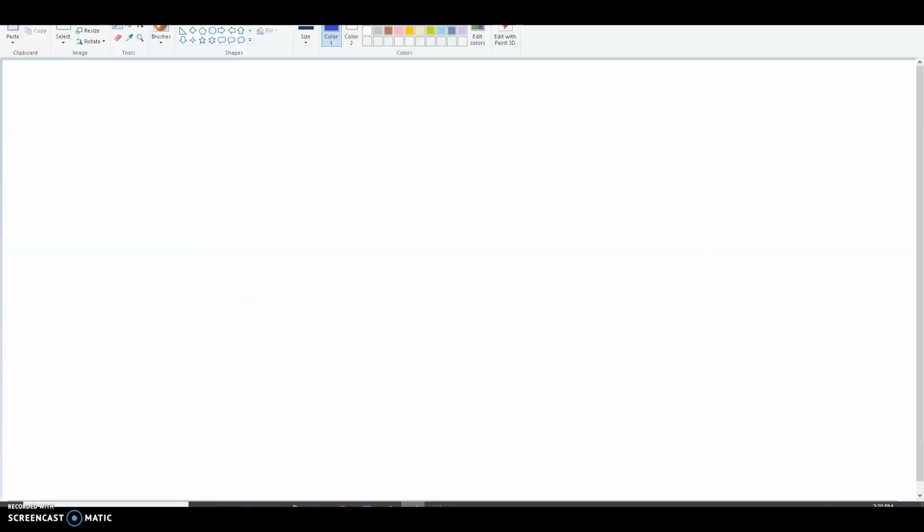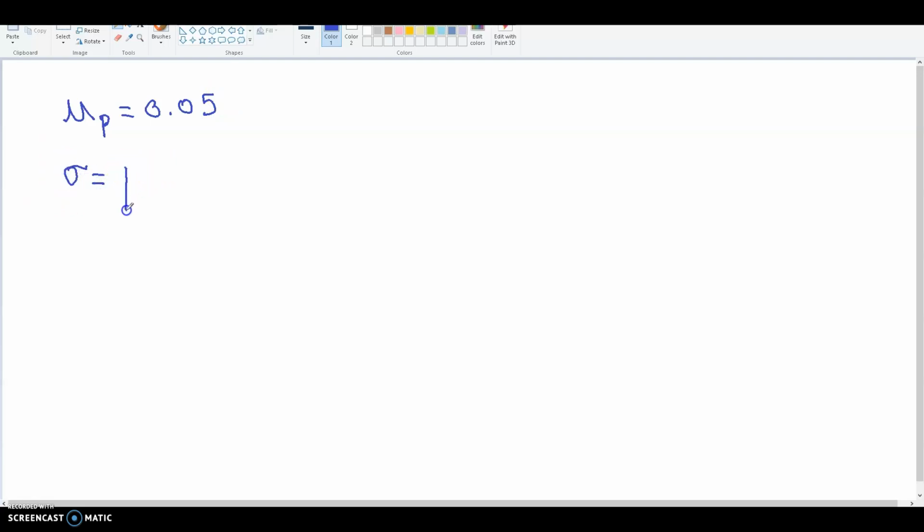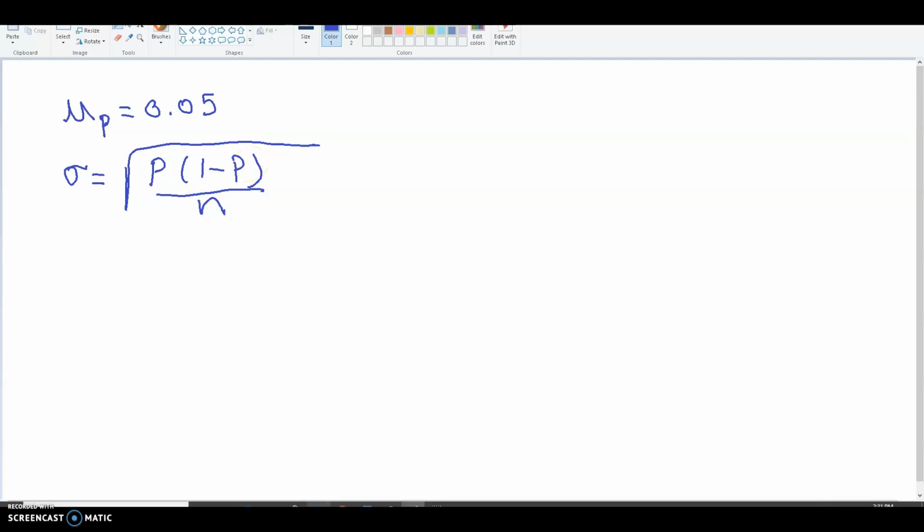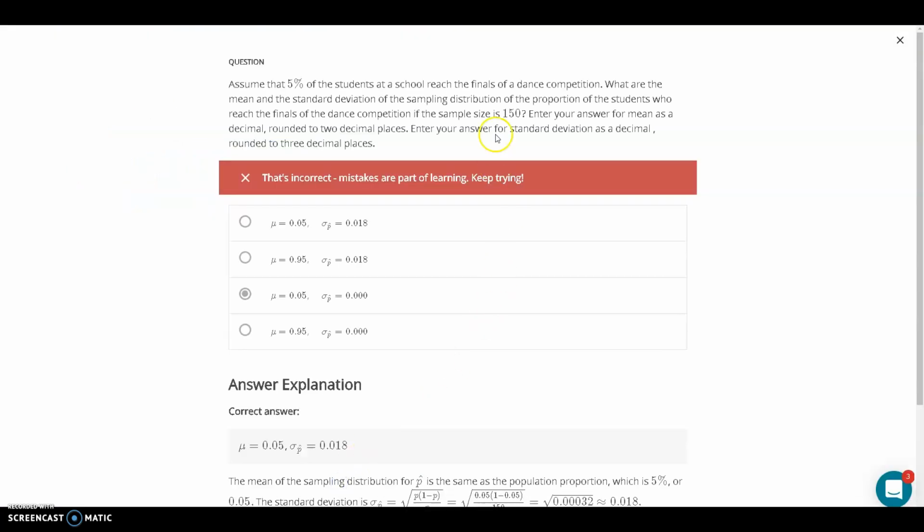So if we go to paint here, the mean mu of P will be equal to 5%, so that's 0.05. Now the standard deviation will be the square root of P times 1 minus P, all over N. What was our sample size for this problem? 150.